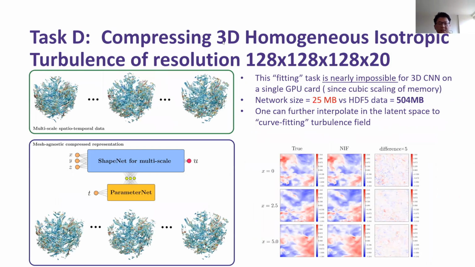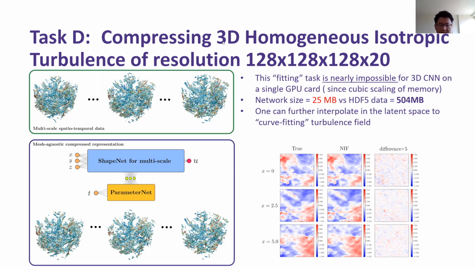Okay, so the next task is compressing a 3D homogeneous isotropic turbulence with resolution above 2 million cells. This task is very simple. I just want to see whether this can be used to compress a data set. So I use this to train on a 3D velocity field of this turbulence data set with 20 time steps.